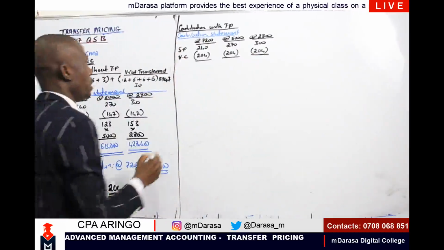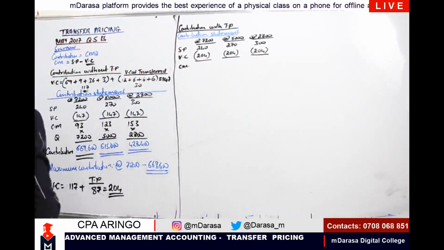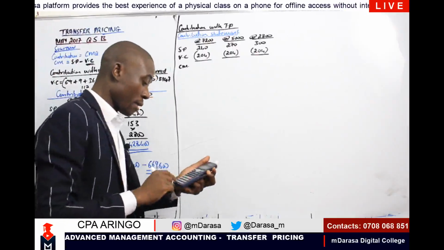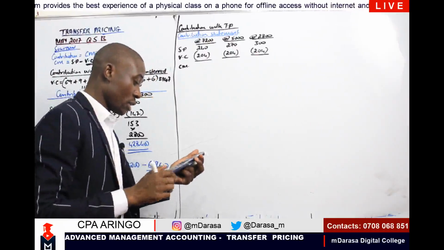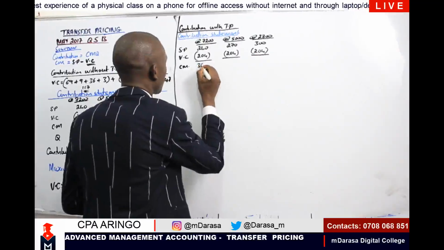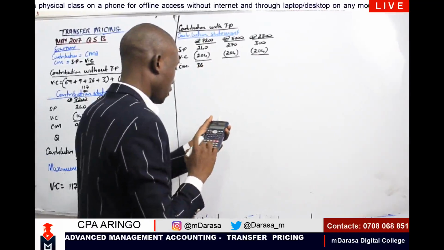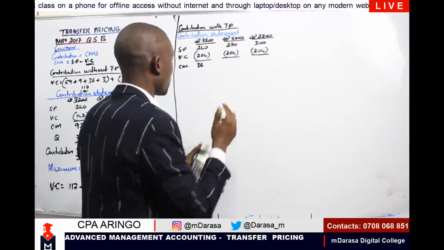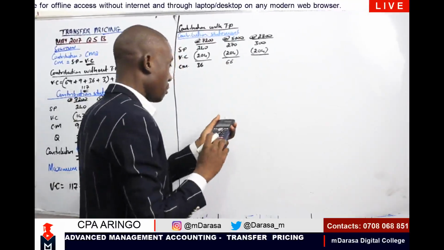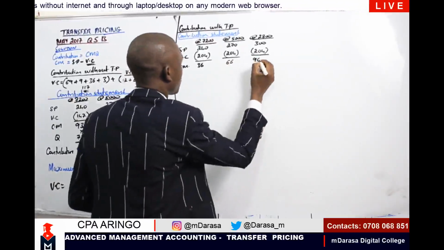So what will be our contribution margin? That should be 240 minus 204 to give us 36. 270 minus 204 to give us 66. 300 minus 204 to give us 96.